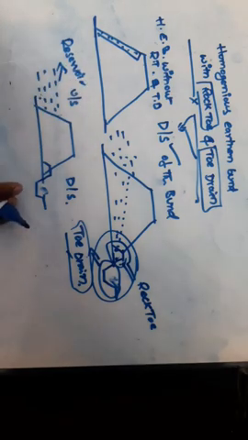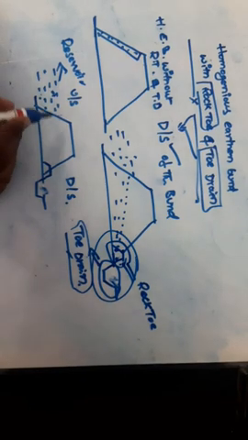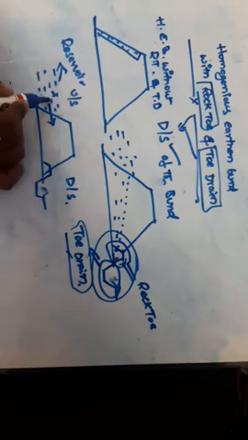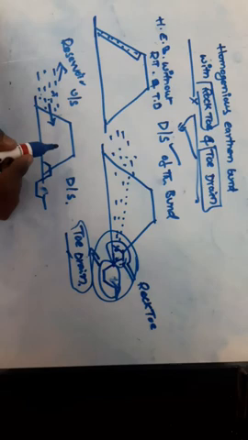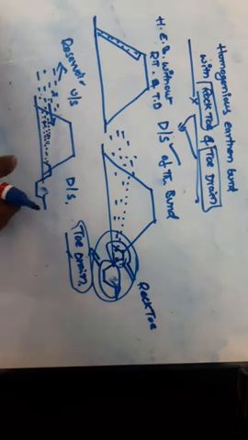The storage water has some pressure towards the earthen bund. The water passes through the small voids towards the downstream side.